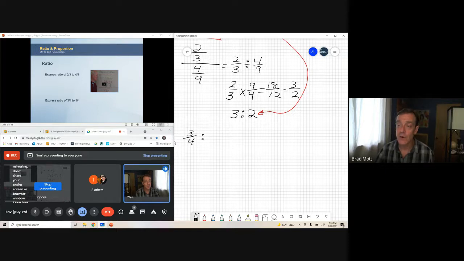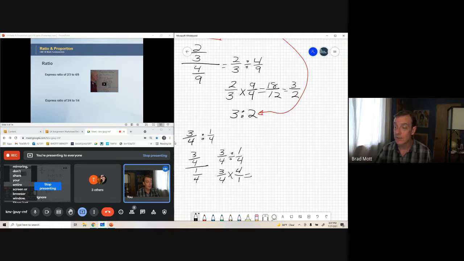So 3/4 to 1/4. We'll rewrite it as 3/4 divided by 1/4. Then we'll solve that expression by multiplying 3/4 by the inverse of the second term, which is 4/1.